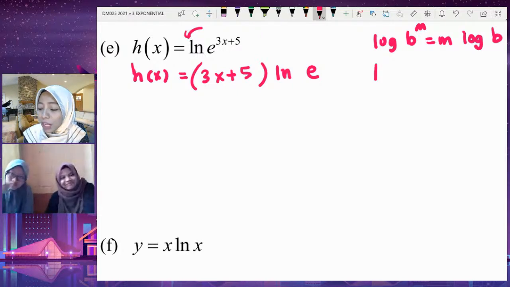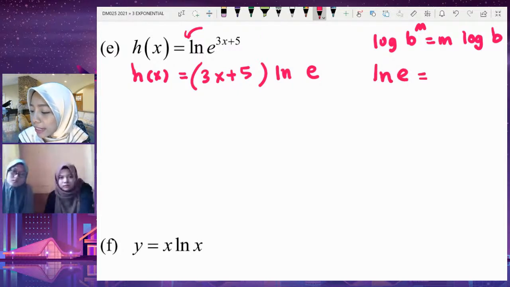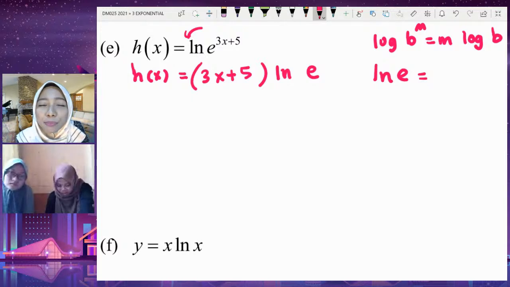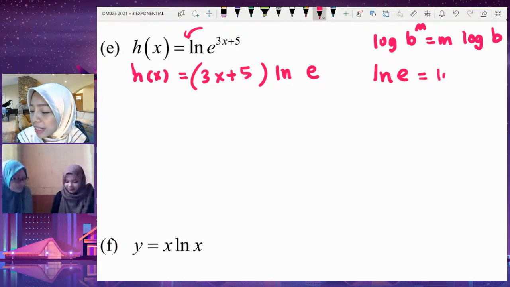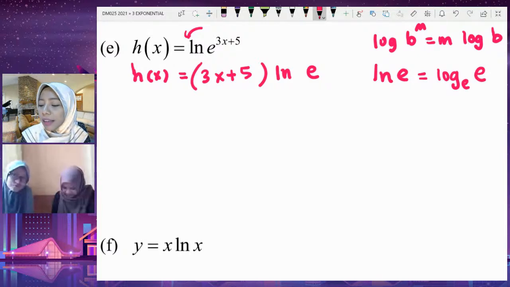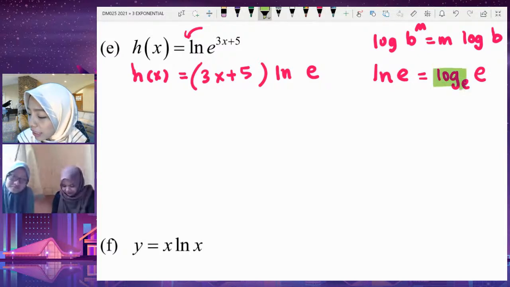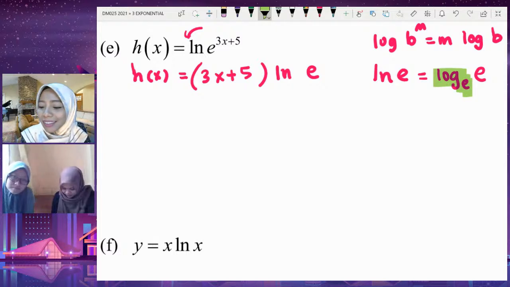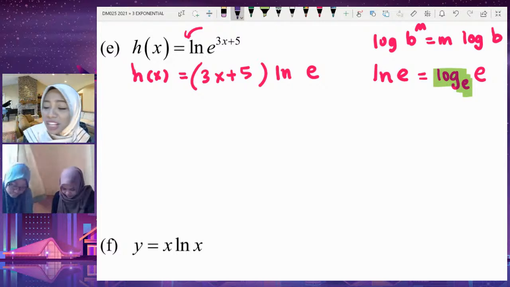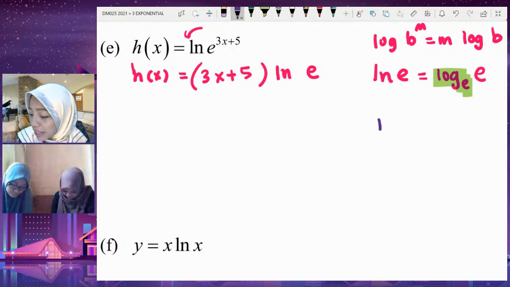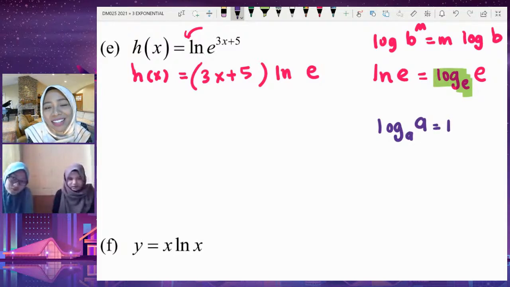Okay, what is ln e again? Earlier I did ask Adelina what is ln e, and she said that ln e is log e base e. Ini adalah ln e. So previously during high school you ada belajar log a base a equals 1.